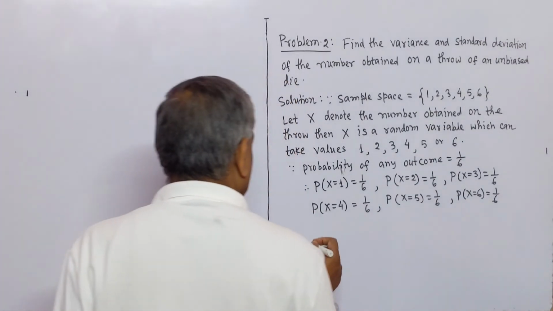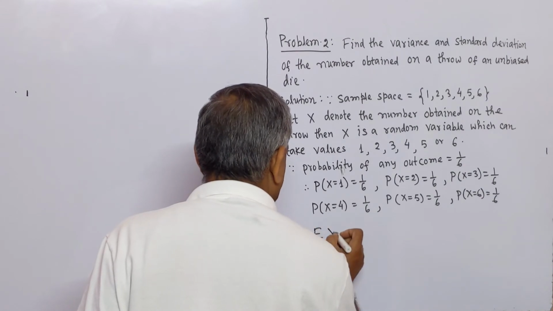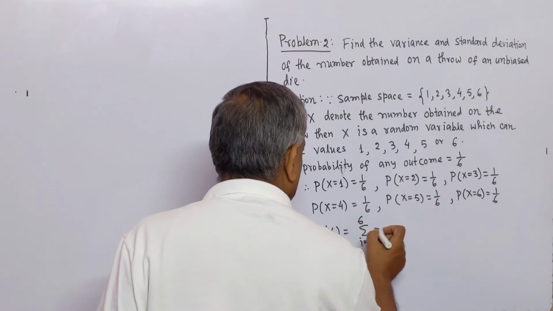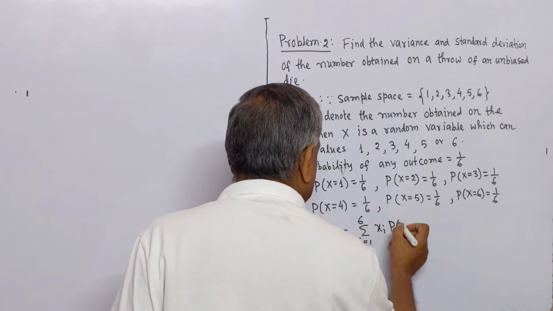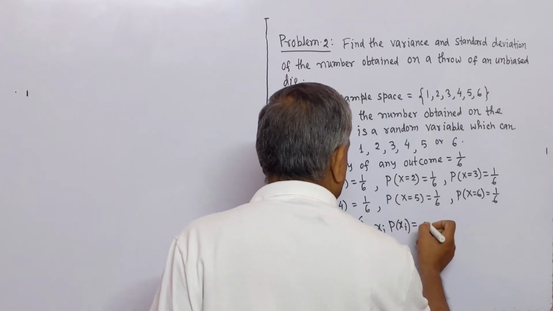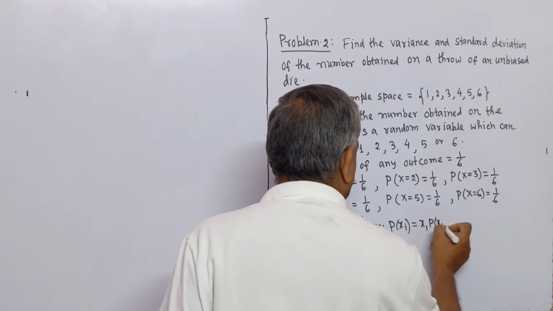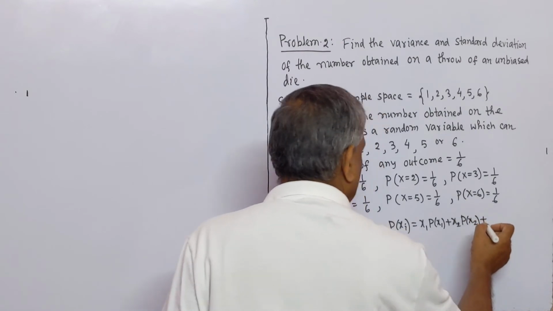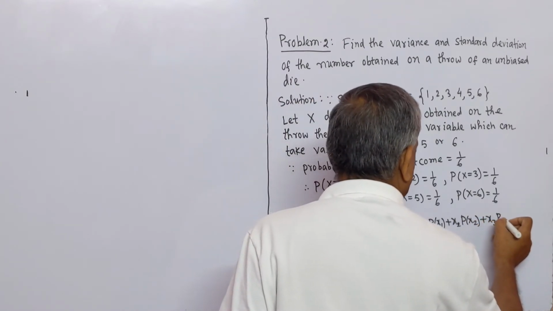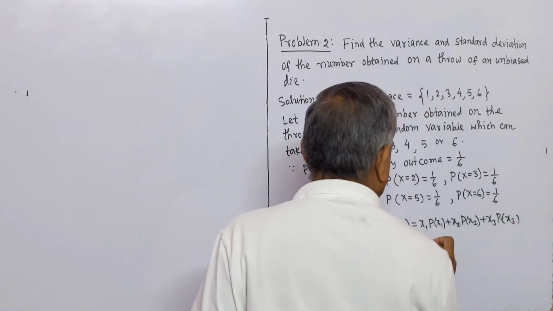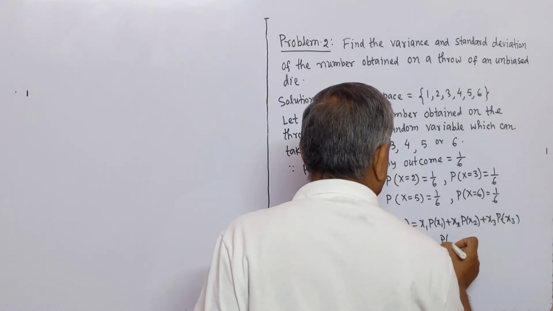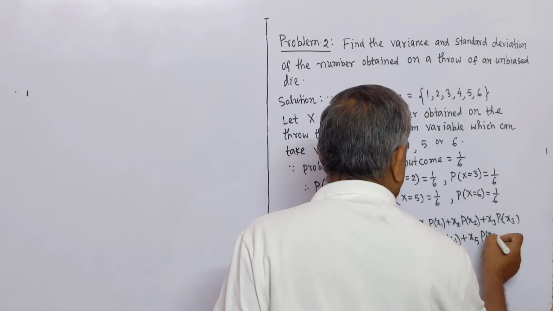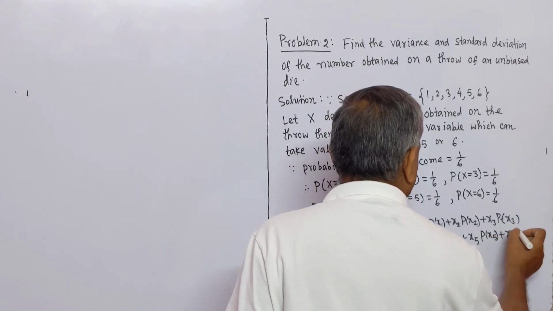Now we find expectation of X. This is sigma i equal to 1 to 6, xi p(xi), means x1 p(x1) plus x2 p(x2) plus x3 p(x3) plus x4 p(x4) plus x5 p(x5) plus x6 p(x6).